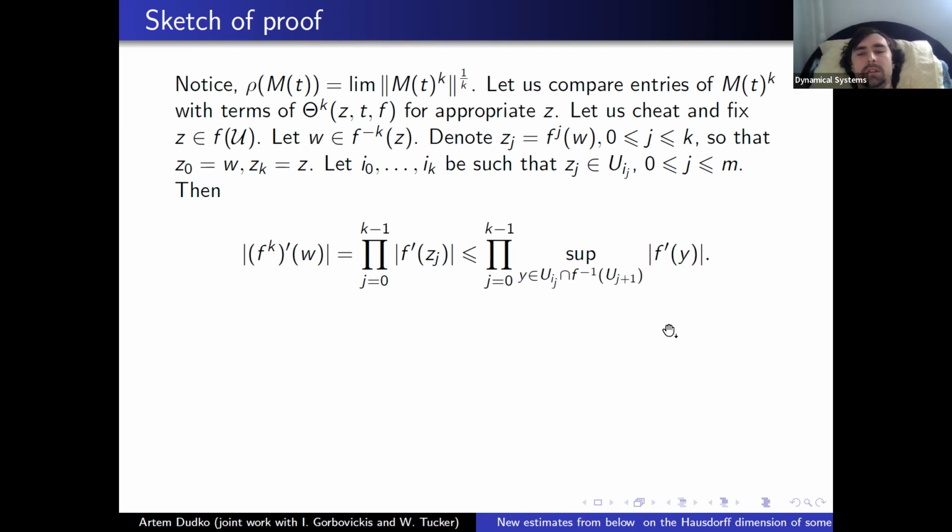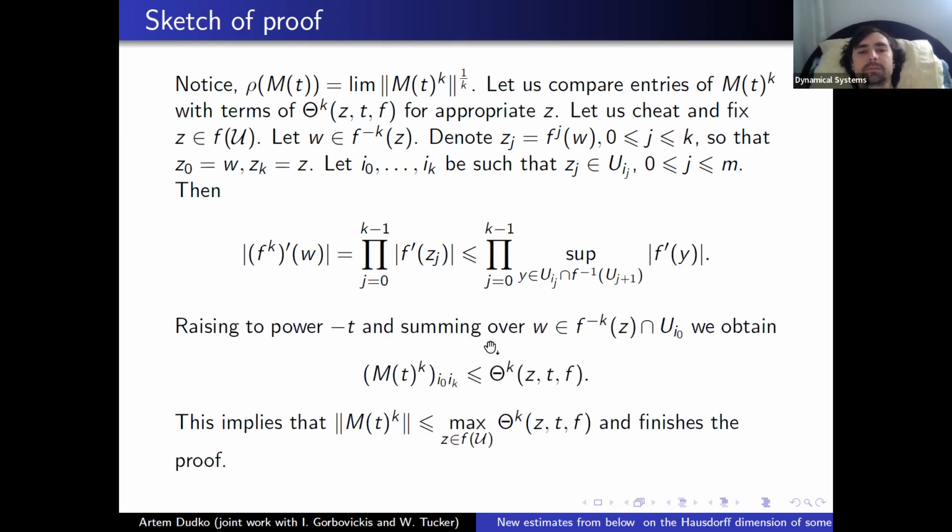Okay, so we have this inequality. Then we raise to power minus t on each side and sum up over all w, all these preimages of point z. For simplicity, we assume that we consider only preimages in one domain.